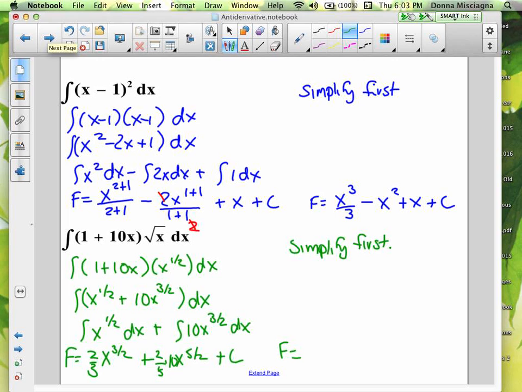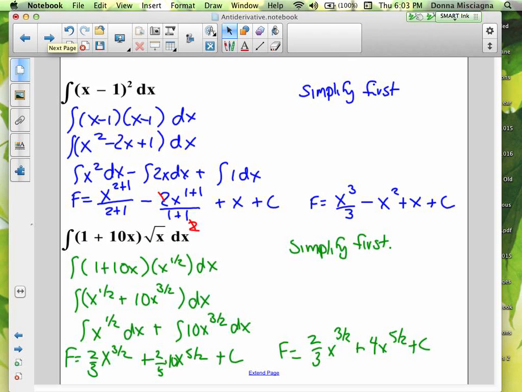Our function will be 2/3 x to the 3/2 plus 4x to the 5/2 plus c. All I did is multiply 2/5 times 10, which is 20/5, which is 4. And so that's our integral.